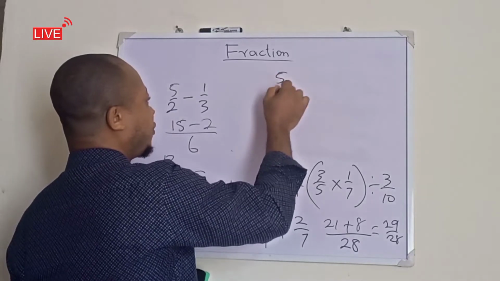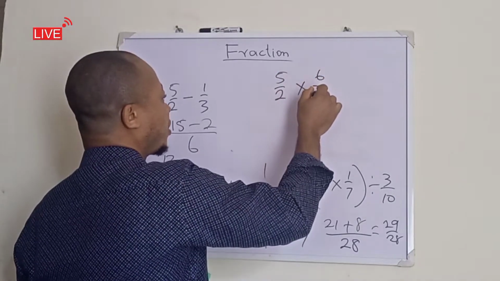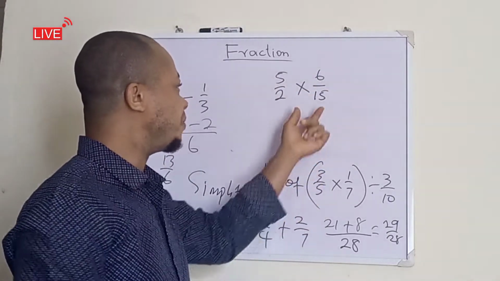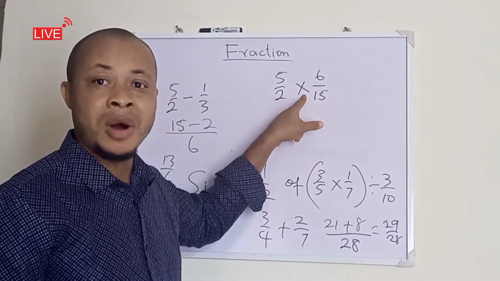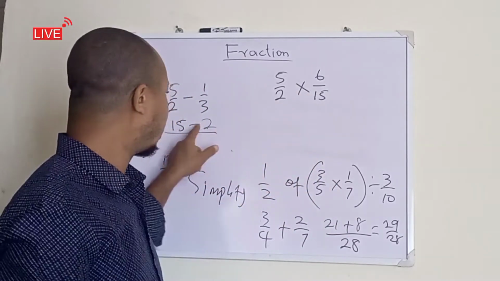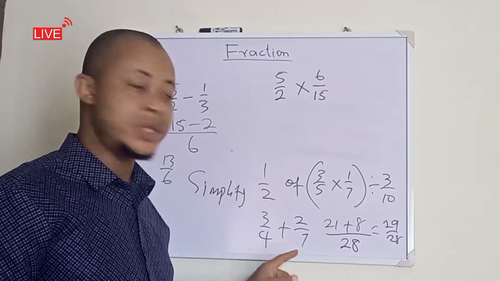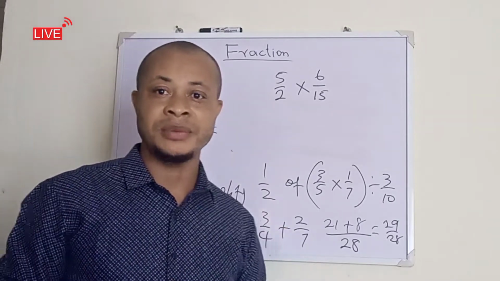If I have 5 over 2 times 6 over 15, for instance, how to simplify this is, remember this one now is multiplication, no longer subtraction or addition. I said if we deal with subtraction and addition, we use LCM.